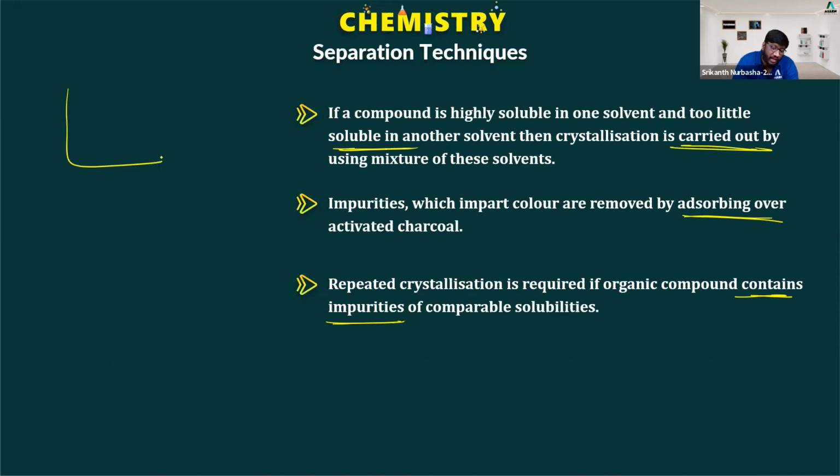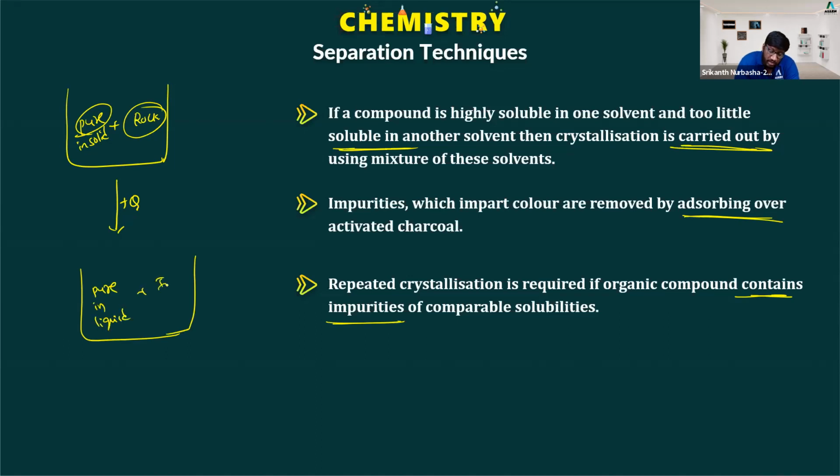So what I am saying is, impurities, some rocks, and we have pure compound in solid state. This I am giving heat. Because of it, what happened? Pure compound in liquid plus impurities or rocks. Now I am doing the filtration.